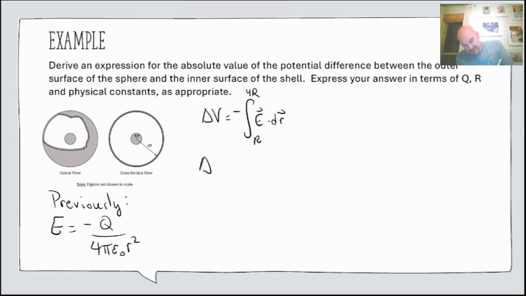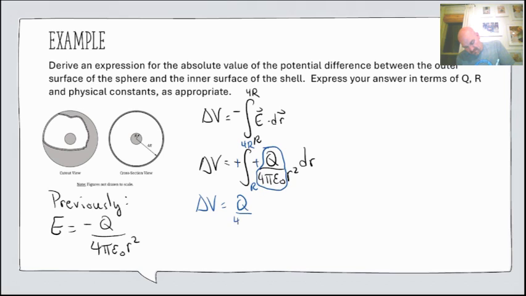And so I'm going to substitute in what E is. E is negative Q over 4 pi epsilon naught R squared, dr. Okay, negative, negative becomes a plus. Again, we evaluate that from R to 4R. But this is all constant, so I can pull that out.